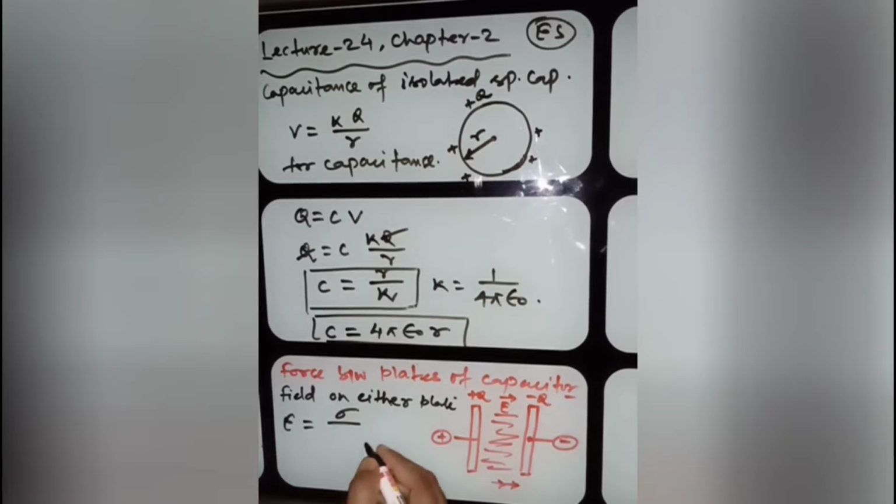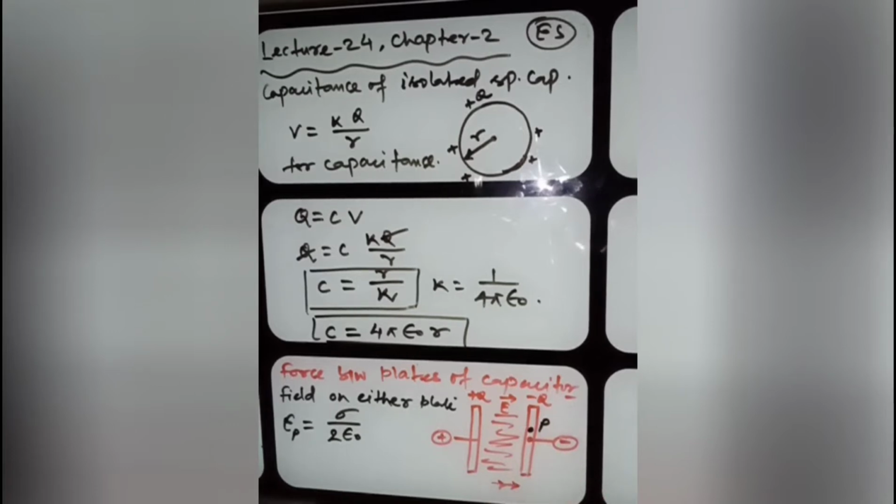Sigma by epsilon naught or 2 epsilon naught? Yes, sigma by 2 epsilon naught. This is the field. Suppose we are finding the field at this point P. So the electric field will be this one, and this particular charge is placed over here.